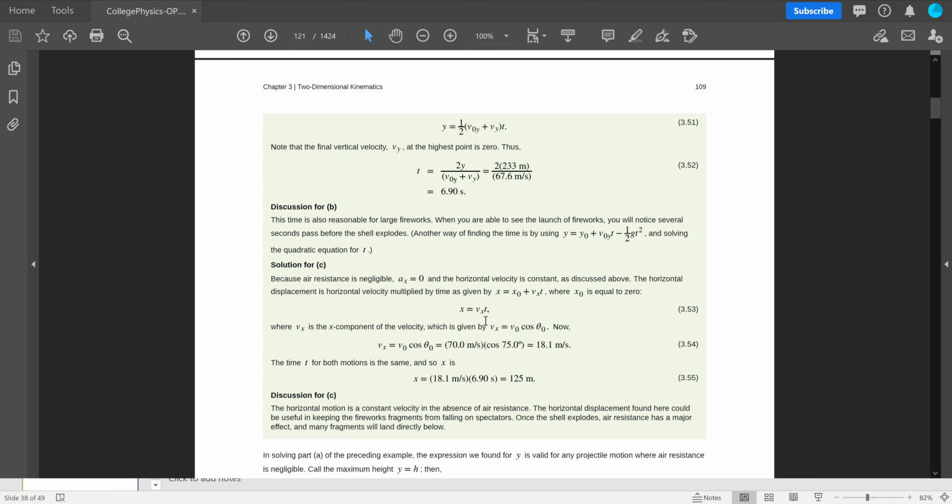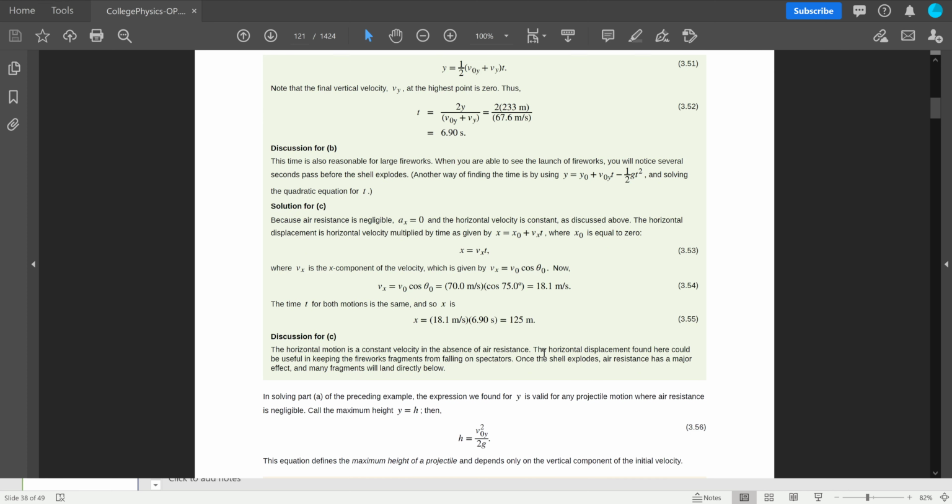The same amount of time it took for your X component to go the distance is the same amount of time it's going to take for your Y component. Our times are interchangeable. So we can go ahead and use that 6.9 seconds. You plug that into that equation, you do 18.1 times 6.9, and you get 125 meters. That's how far in the X direction this firework went.